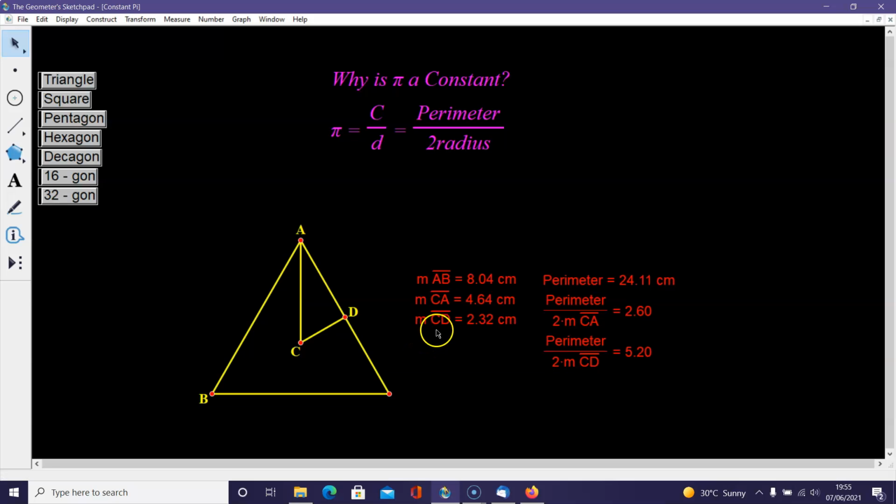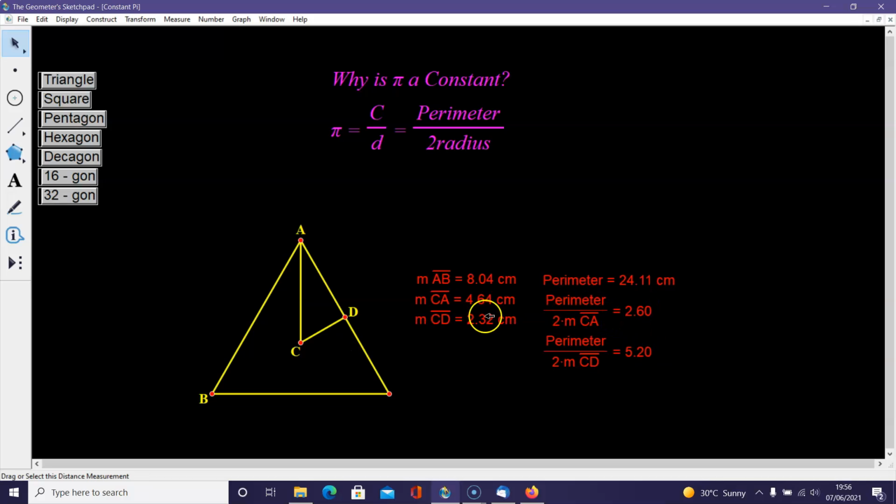The distance from C to D is 2.32 centimeters. And so what I've done is I've taken the perimeter, which obviously we can calculate, and I'm saying that one of these two measurements, either C to D or C to A, must be viewed as a radius. And so I'm going to double it and divide the perimeter by that, and I get two numbers here.